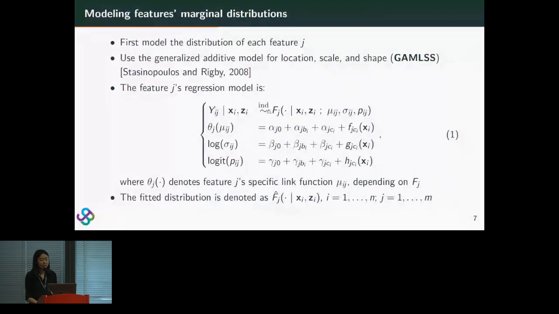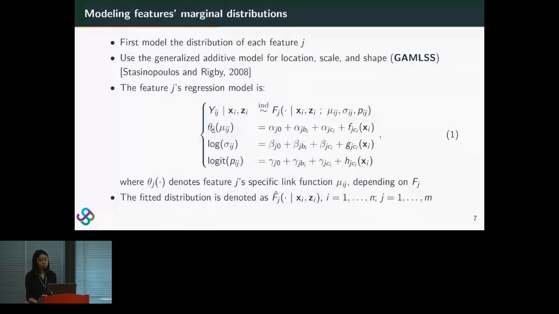So what it does is that we can assume the marginal distribution of feature j in cell i, Yij, given cell i's state covariates and design covariates, independently follows a count distribution that depends on cell i's two sets of covariates, with three parameters in the most general case: mean, variance, and zero proportion. For each parameter, we model its relationship as in the generalized additive model, which is a generalization of the generalized linear model, like logistic regression, that many people are familiar with.